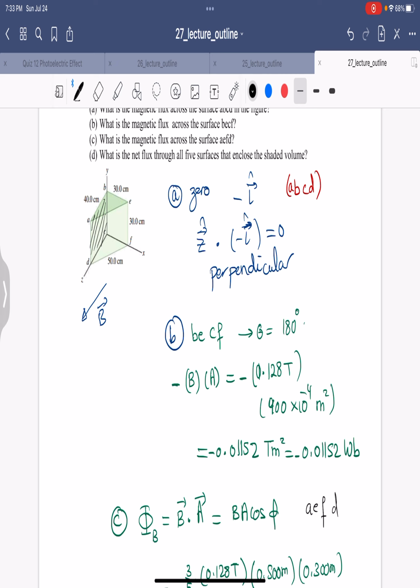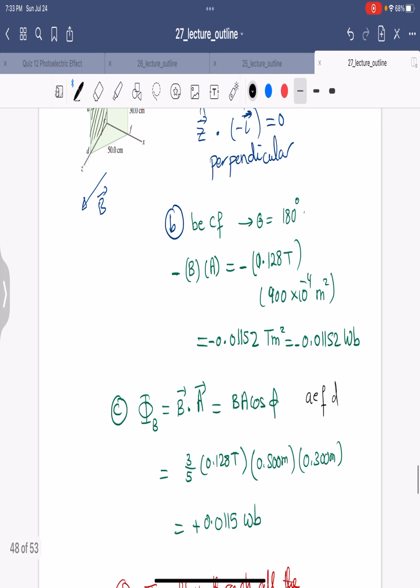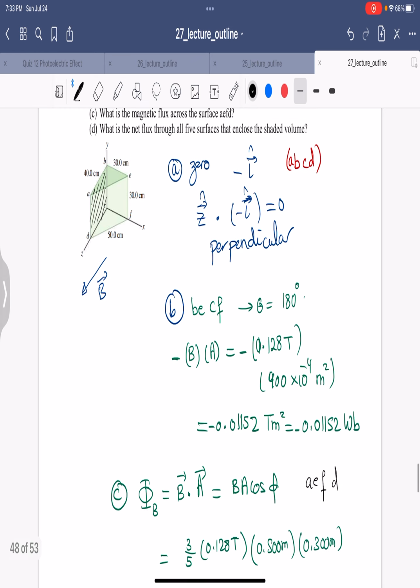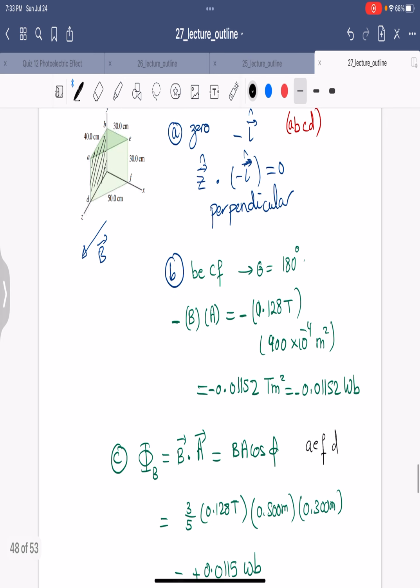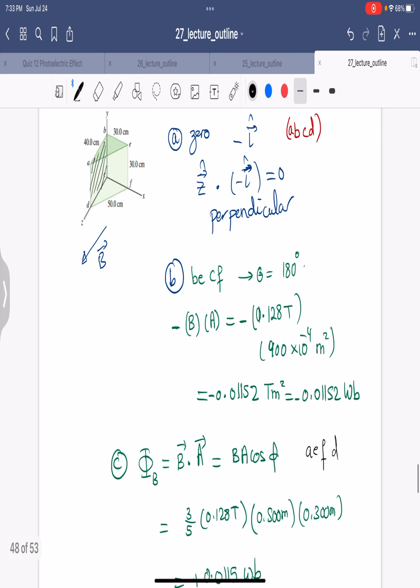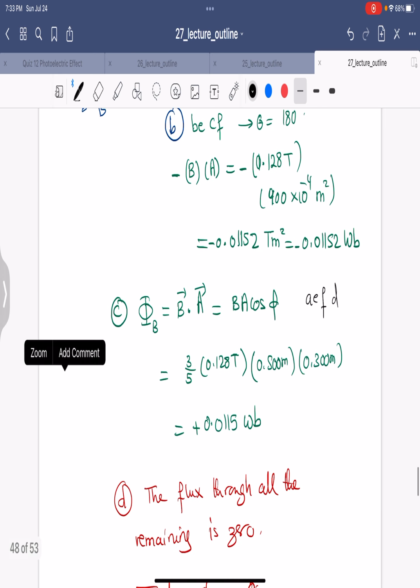That is going to be making an angle which has a cosine that is 3/5, because we can find that angle from the dimensions: this one is 5 and this one is 3, so you will be able to find the angle as 3/5.